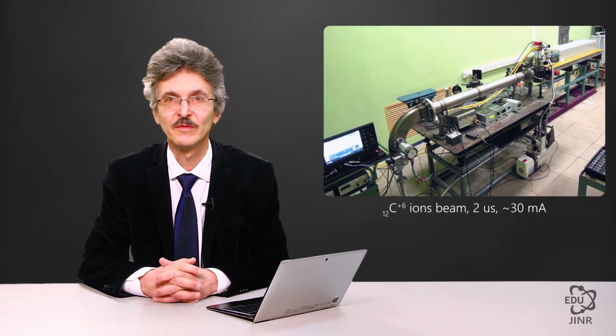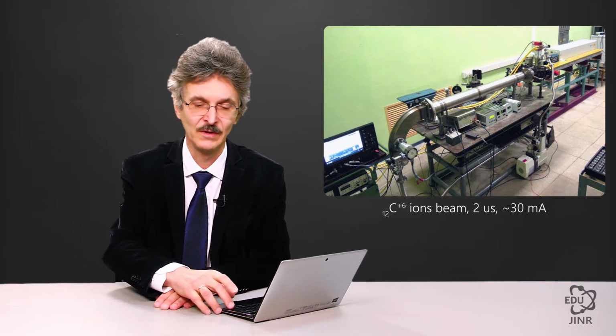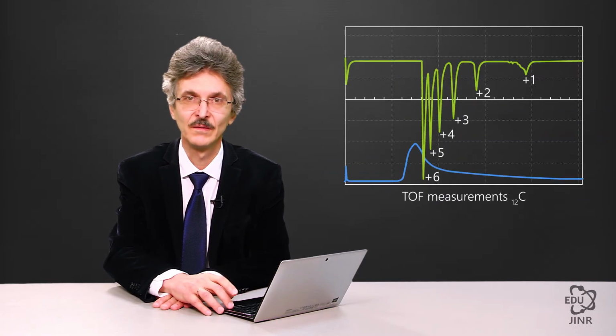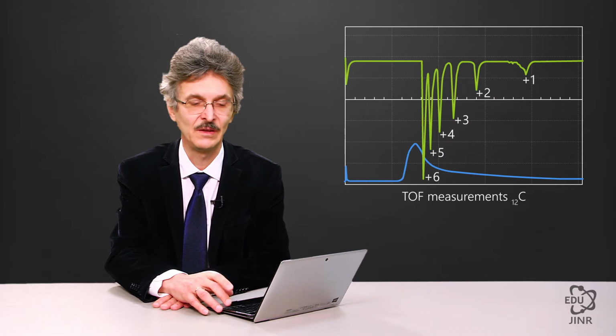The same source has been used to test the heavy ion accelerator. In doing so, it produced carbon ions in a charged state of +2, resulting in partially stripped nuclei.